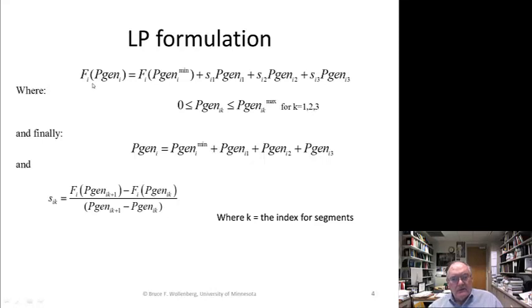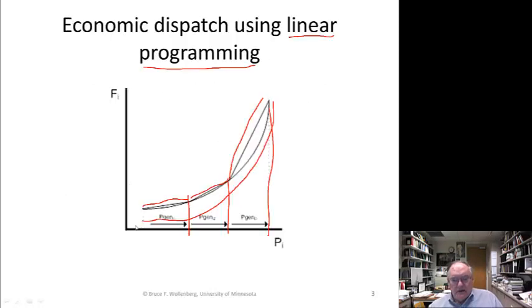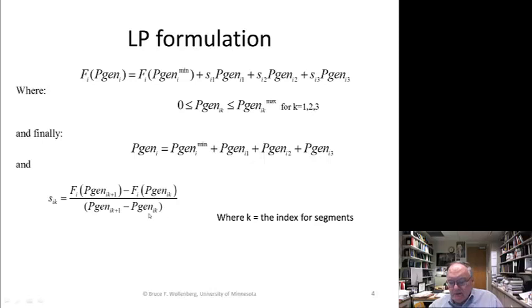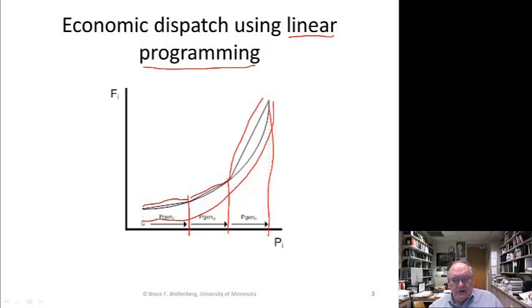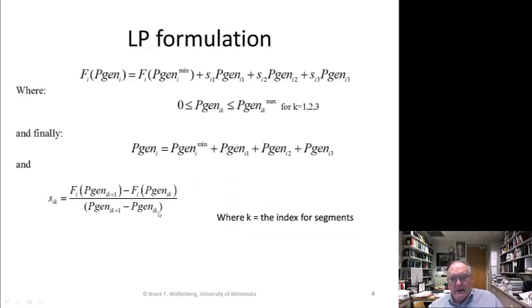So we start out and say that the total cost is the minimum cost. That's the cost right here at the minimum. Then I add slope 1, S1, times P gen for the first segment.